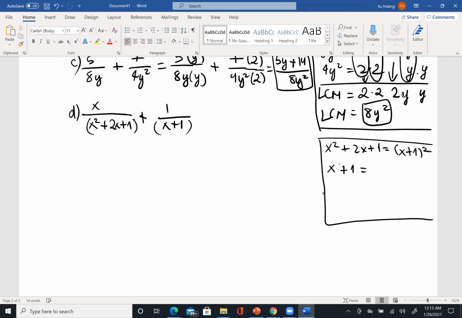And actually, x plus 1 have just x plus 1. In this case, I would say the LCM will be just the factor x plus 1.